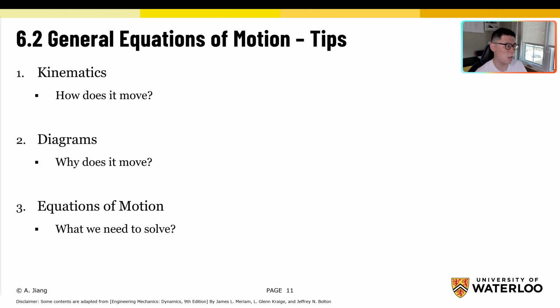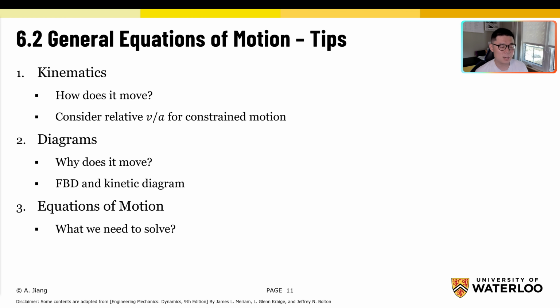Then, with the help of the free body diagram, you should be able to see why it moves, and then apply equations, either sum of forces or sum of moments. Back to category 1, kinematics, there are situations where relative velocity or acceleration need to be considered. You will need to use the knowledge you obtained from previous chapters, relative motion.